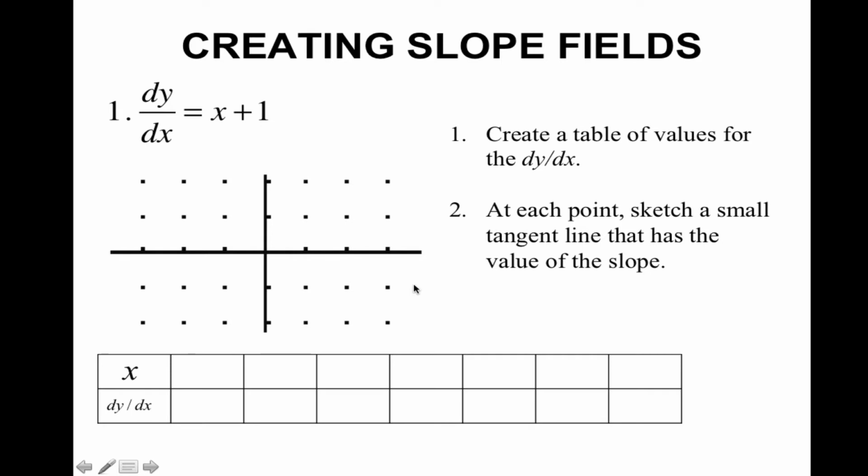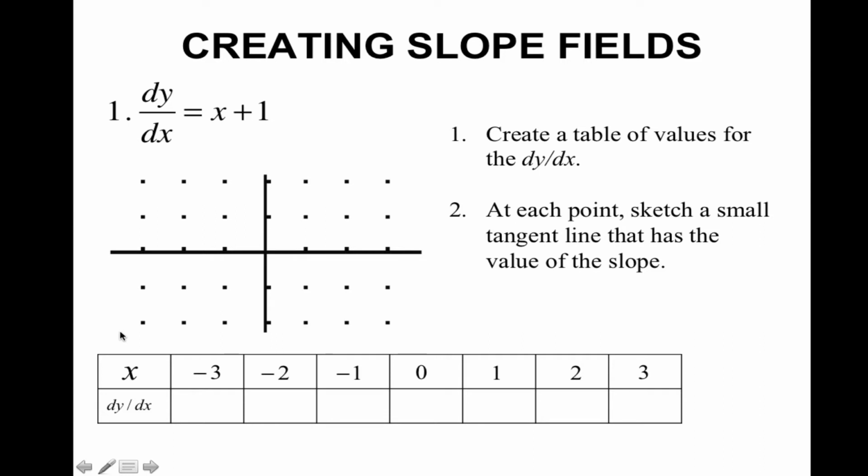When I create my table, notice that my differential equation only has the variable x in it. That's why I have an x and not a y here, and then of course the value of the slope. At each x value where there's a dot, I'm going to find the value of that slope at that x value.